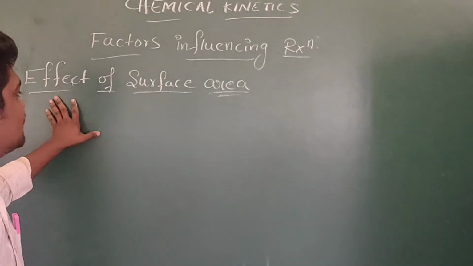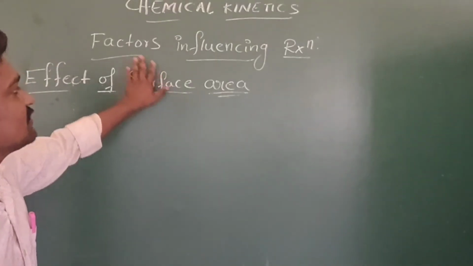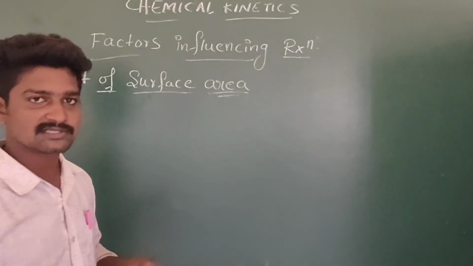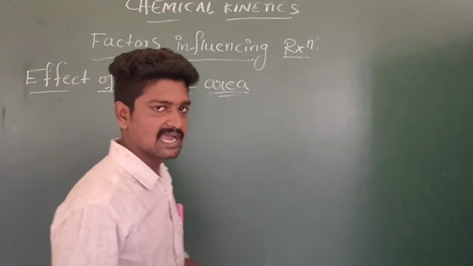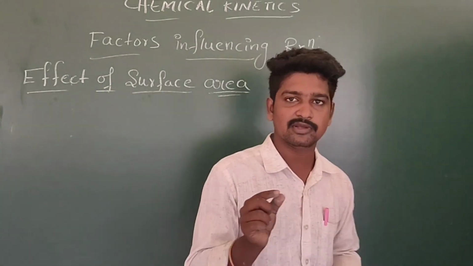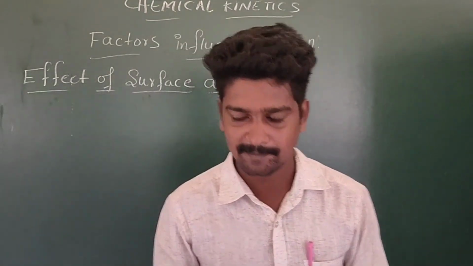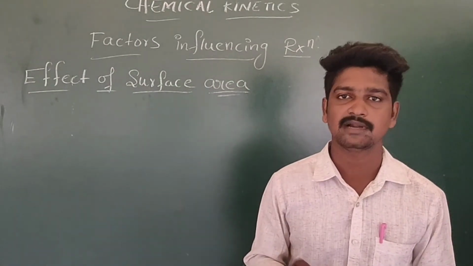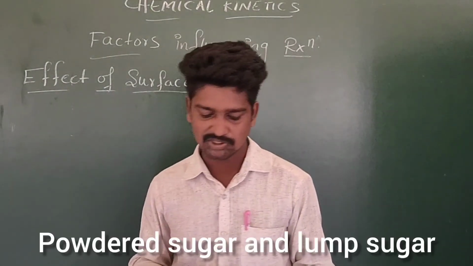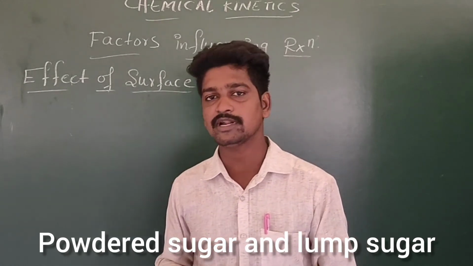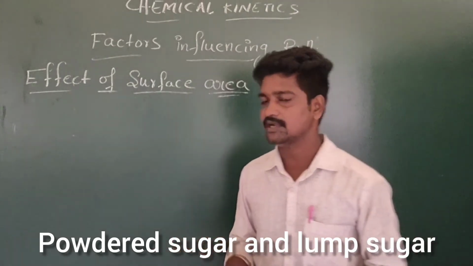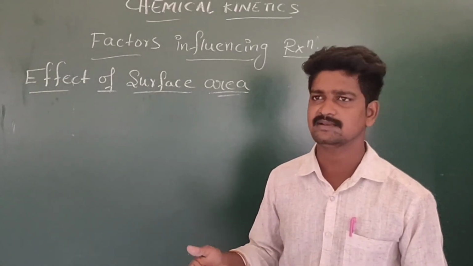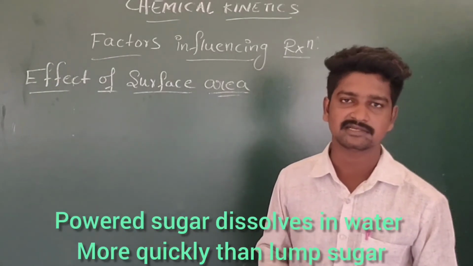So see, effect of surface area is also a factor of rate of reaction. Why? Because I will illustrate a small example, so listen carefully. If you take powdered sugar and lump sugar, when we mix powdered sugar in water, it will easily dissolve, as quickly as in seconds or minutes.